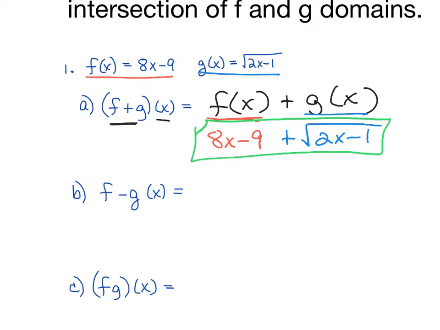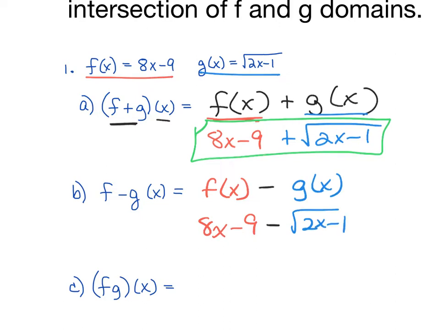Same thing on this subtraction. For this one, we're going to take the f of x function and subtract the g of x function. Again, no like terms here. So all I'm going to do is write them side by side with a subtraction sign in between. For the product, if I could actually multiply it, I would.